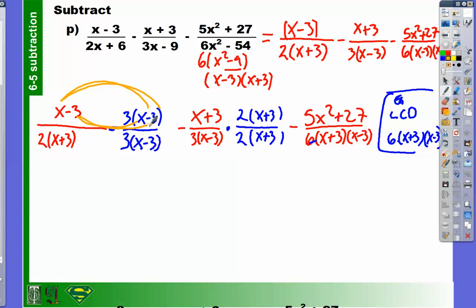And I will get x squared minus 6x plus 9. But I still have that times 3, right? So then that gets distributed out. So I get 3x squared minus 18x plus 27. And that's all over my common denominator.